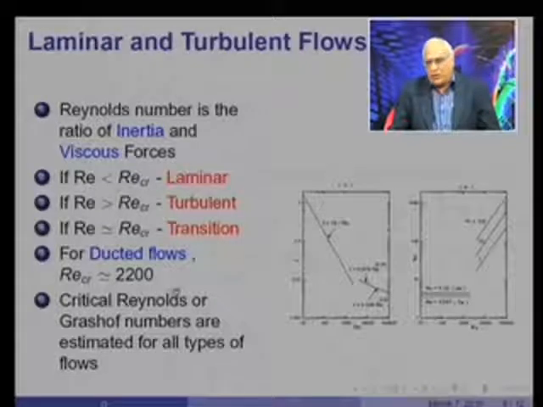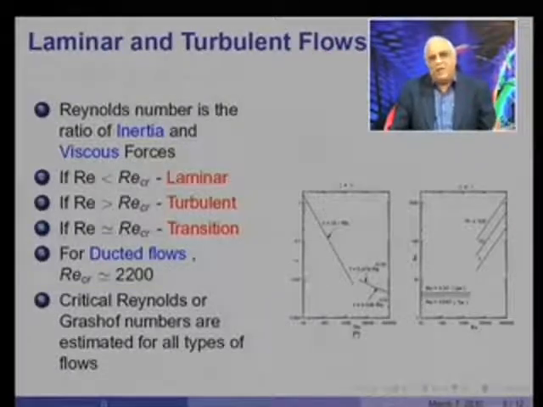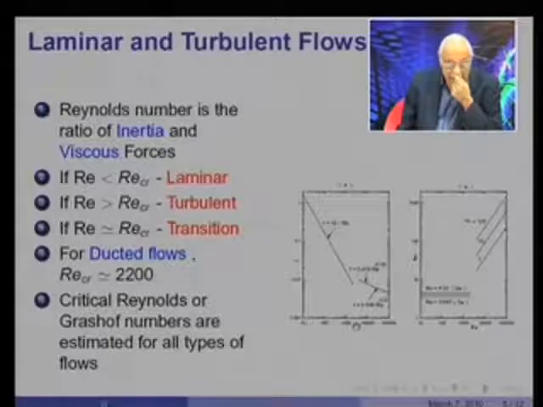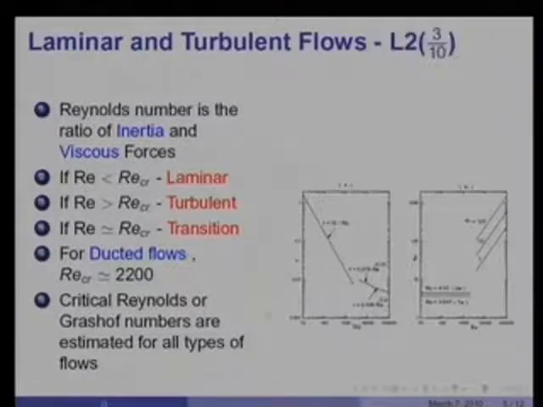For ducted flows, as you all know, Reynolds critical is about 2200, in the range, say, from about 2200 to 3000 would be the critical Reynolds number range. Like critical Reynolds number, there is also a critical Grashof number in natural convection. So in all kinds of situations that we will be studying, critical Reynolds and Grashof numbers have been experimentally studied.